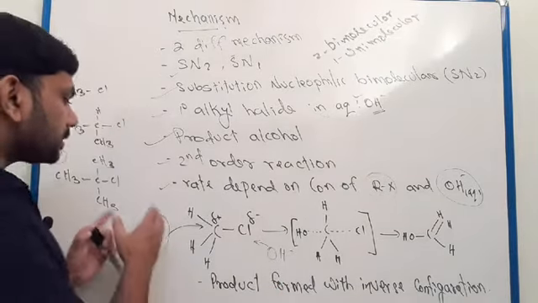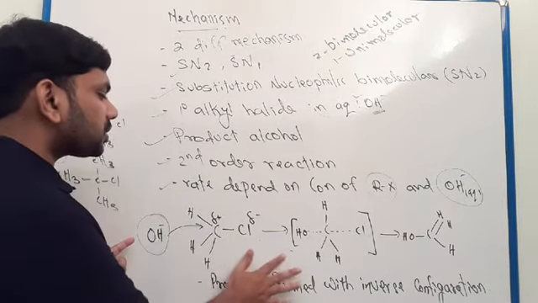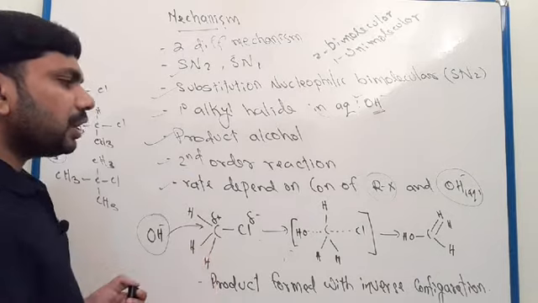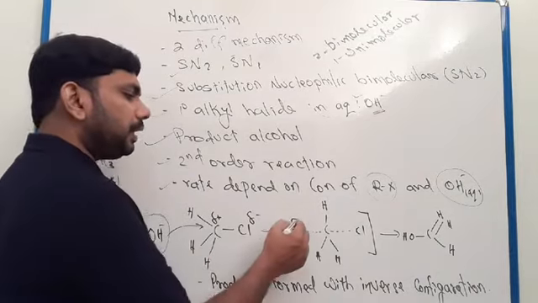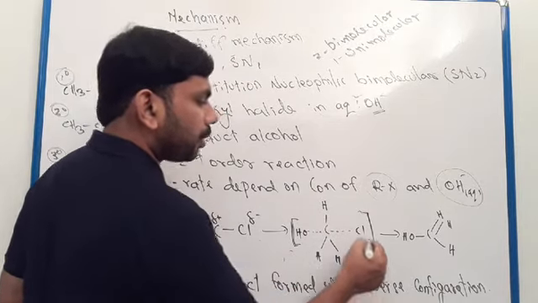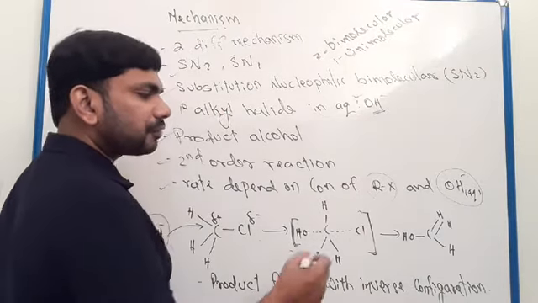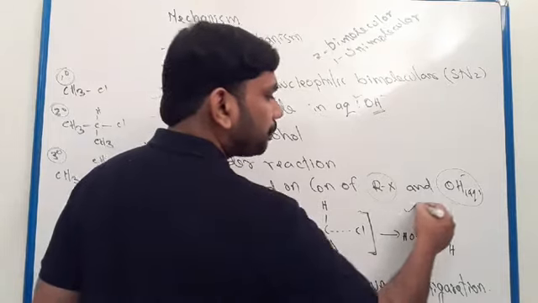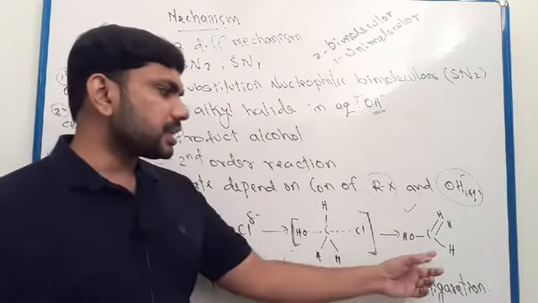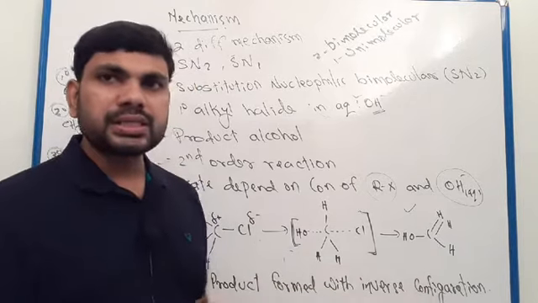That's why this OH minus will attack this positively charged carbon from this direction. Then there will be a short-lived intermediate. After that, this is the final product, methanol, an alcohol.